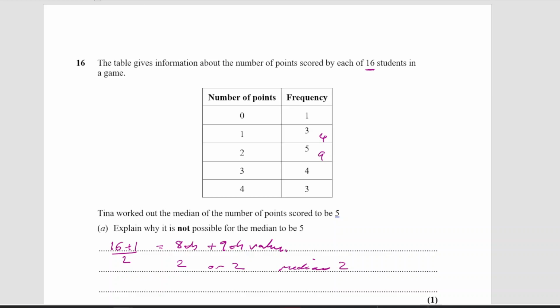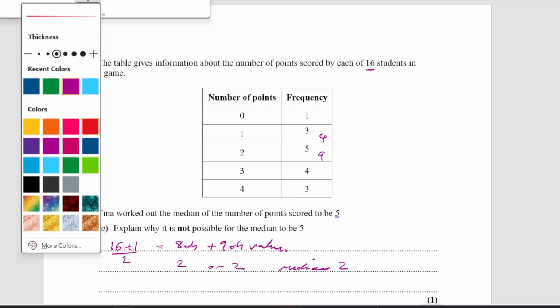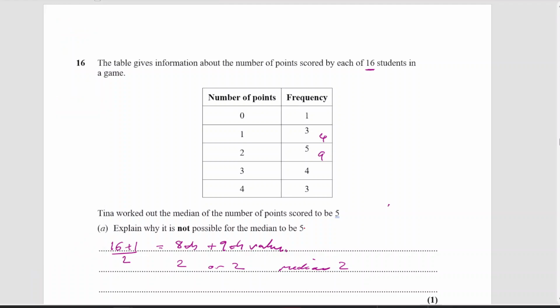Alternatively, you could just give a logical argument about this. You could say, for the median points to be 5, the maximum point is only 4. Max score is 4, so the median can't be above that.